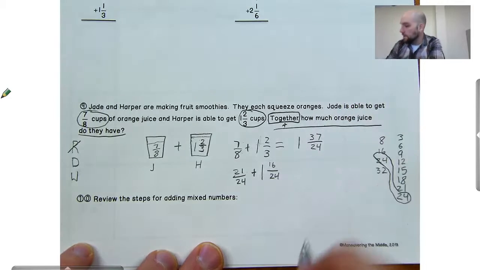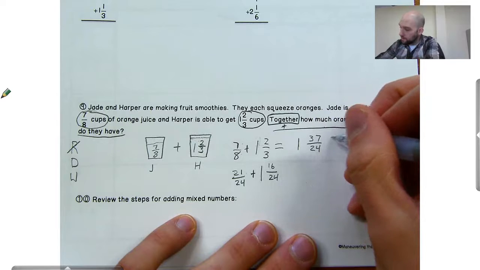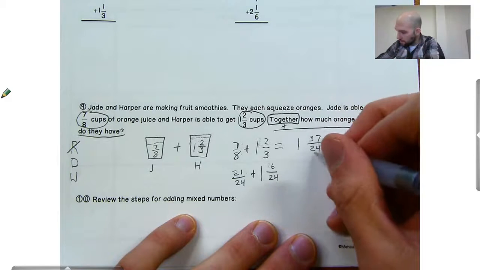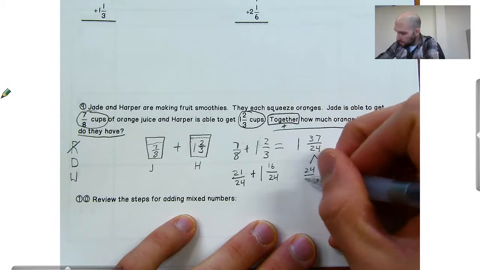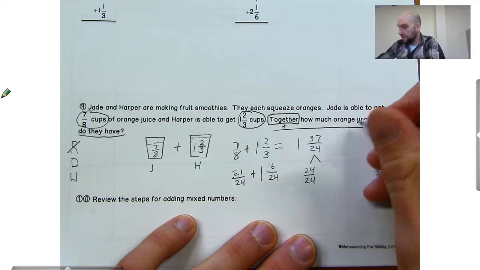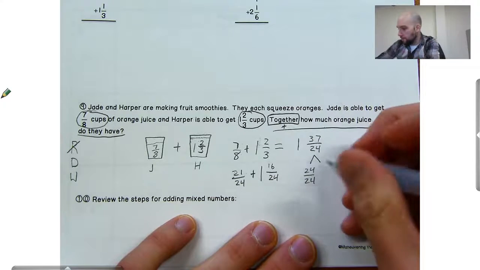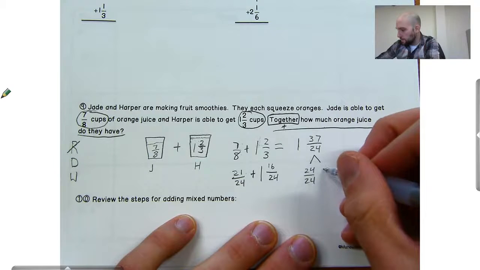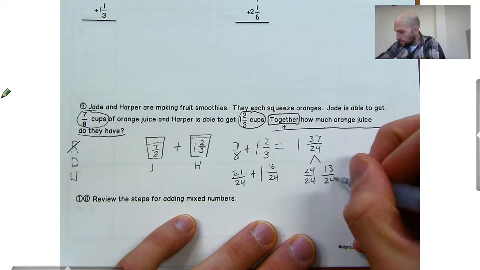Now I'm going to take out 24 24ths. So I'm going to make 37 24ths into 24 24ths. And what do I have left over after you do 37 minus 24? Well, 37 minus 24 will be 13 24ths.